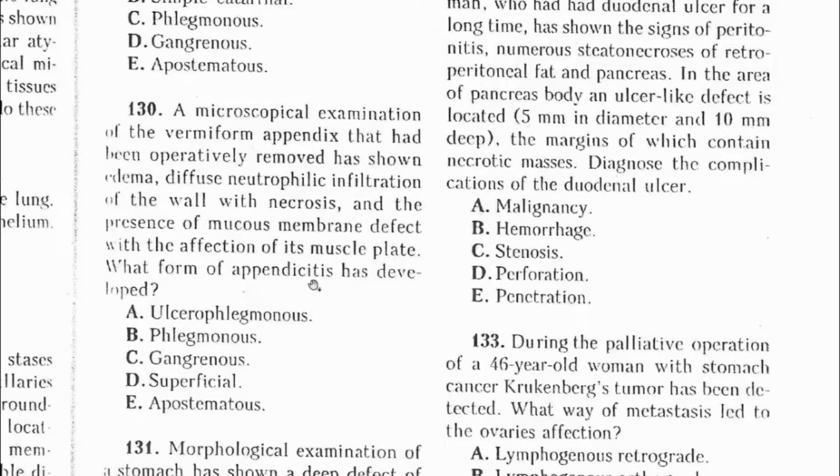Now, the other forms of destructive acute appendicitis include ulcerophlegmonous, which is characterized by phlegmonous inflammation with necrosis and ulceration in the mucosa. We also have apostematous.